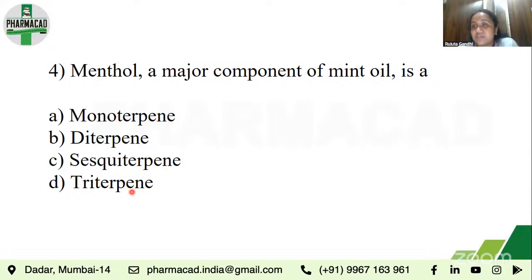First, C5H8 is known as isoprene unit, or also hemiterpene. And one and a half unit is known as sesquiterpene, that is 15 carbon atoms. Mono, di, and tri. So menthol has a structure of 10 carbon atoms, and the answer for this is monoterpene.